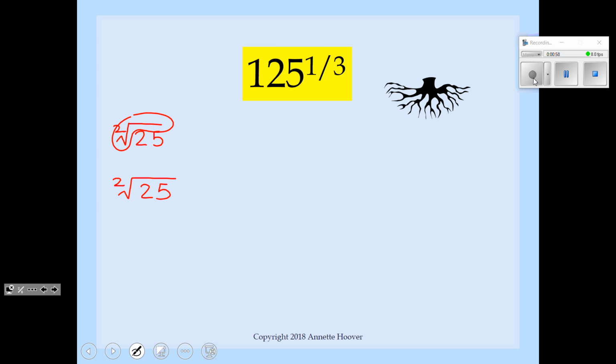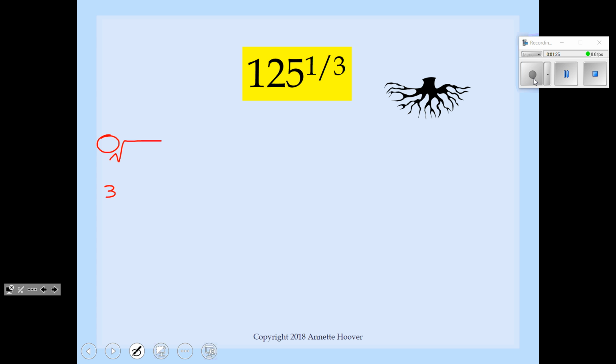And it's understood to be a square root when there's not a number located right here. And we know that that means what number multiplies times itself twice to get 25. So the square root of 25 is 5. This sign right here is called a radical sign. And if there is not a number located right here, it's an understood 2, which is the square root.